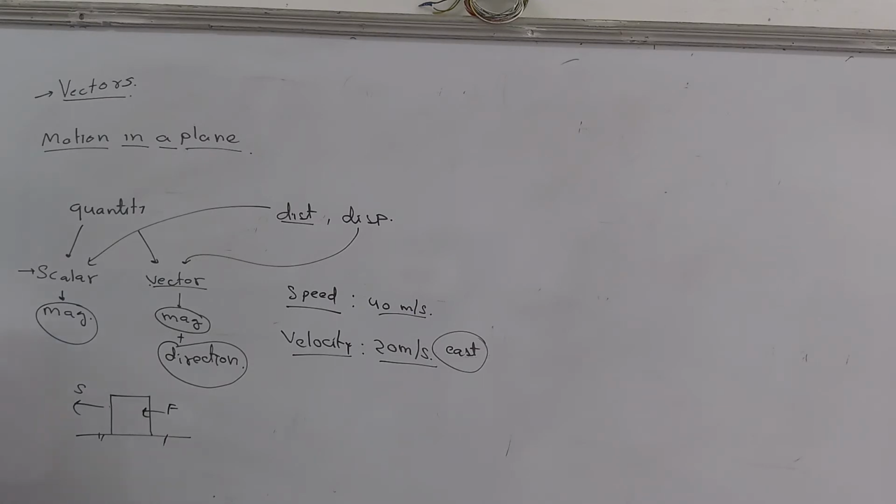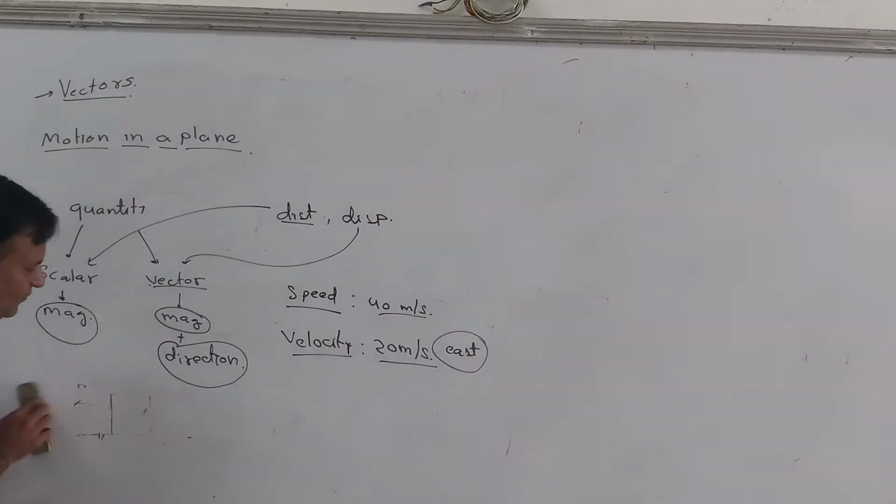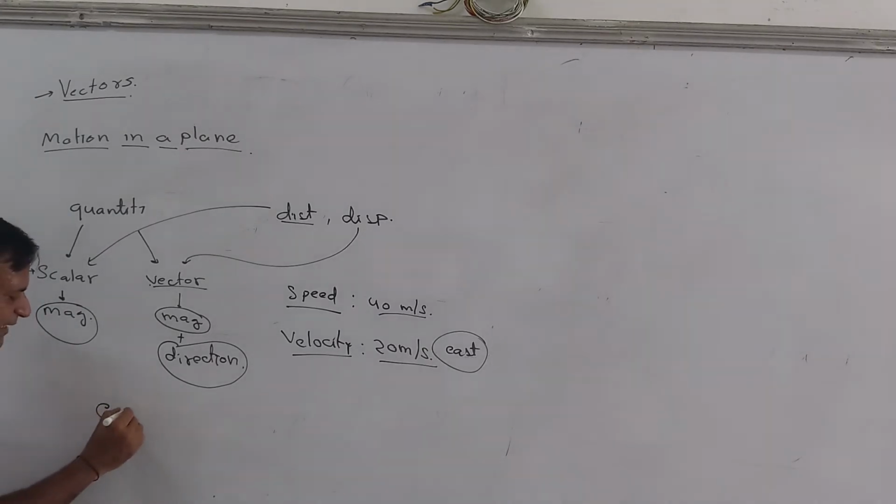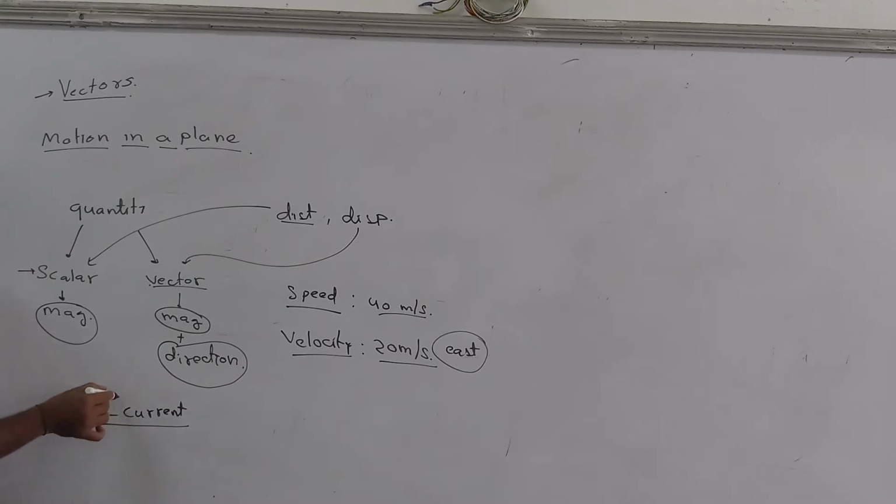Then came one thing. Then came electric current. How to categorize electric current, whether it's a scalar or whether it is a vector.